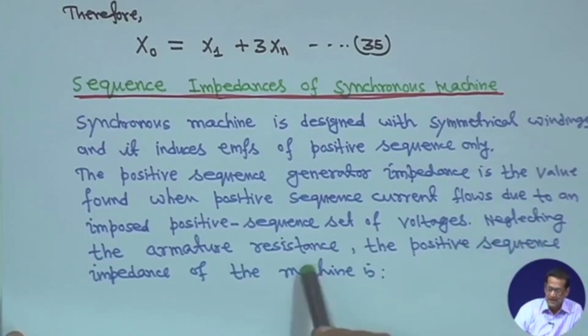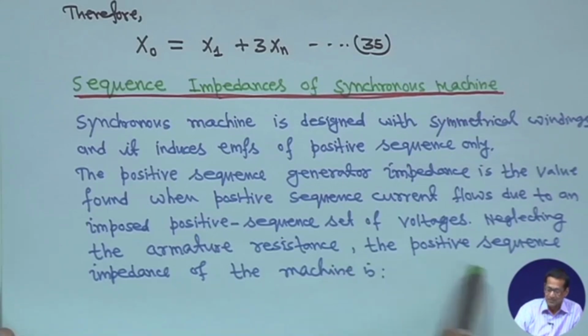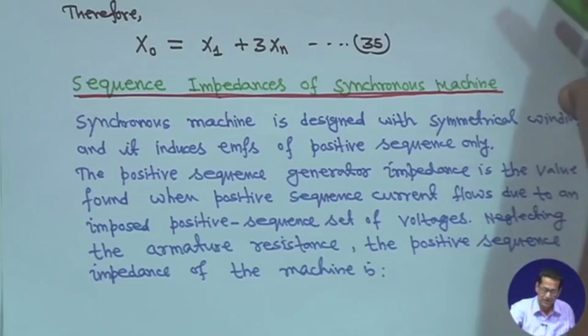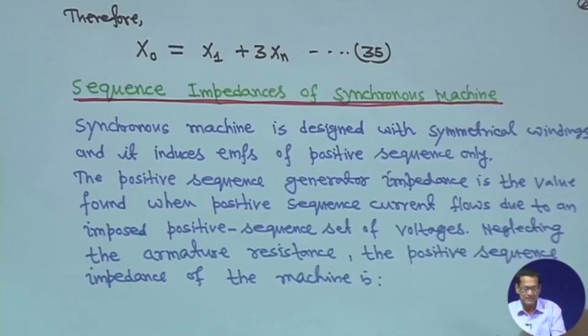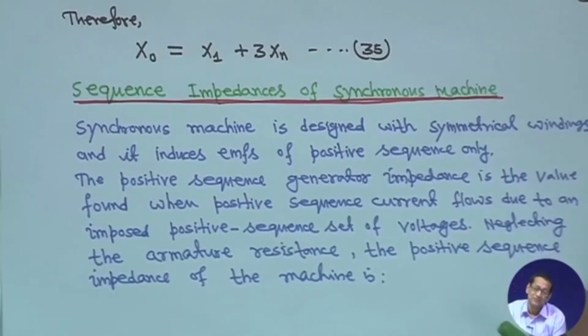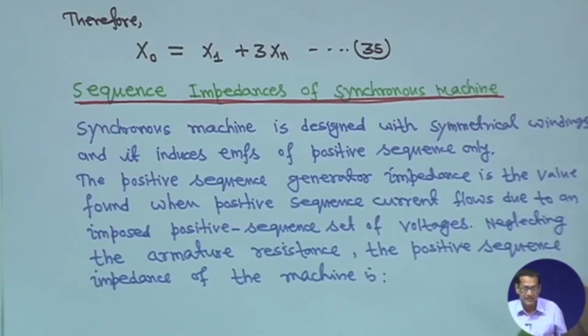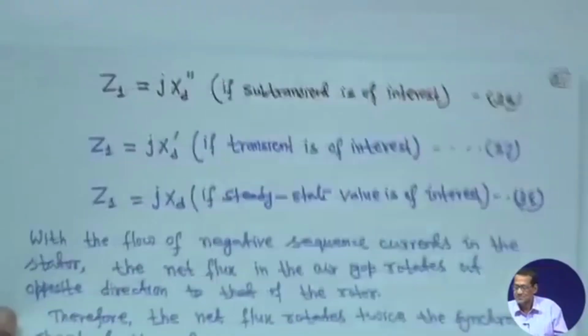So, neglecting the armature resistance, because Ra is very small, the positive sequence impedance of the machine depends on your requirement.